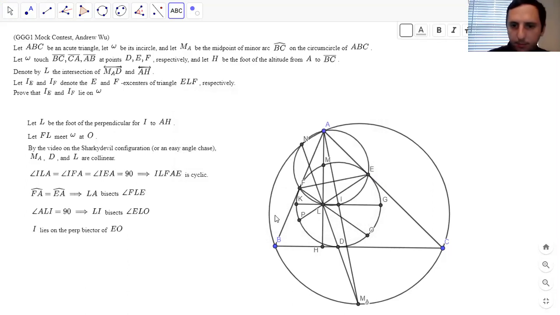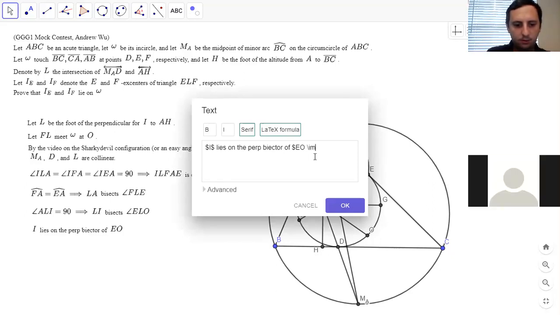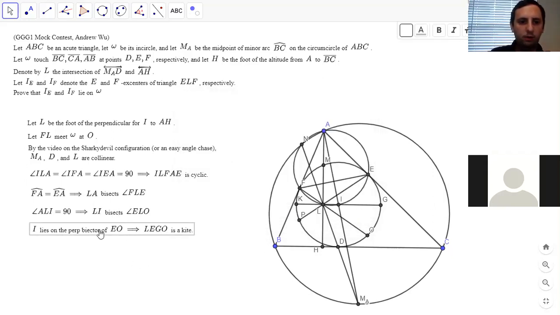So that has to mean that LE, so that means that LEGO is a kite. Is that right? Do these two things together mean that LEGO is a kite?